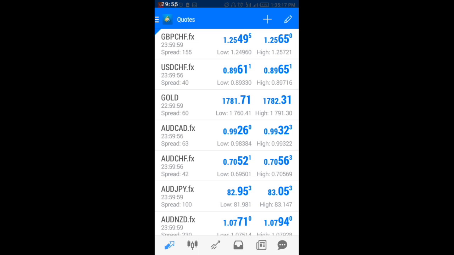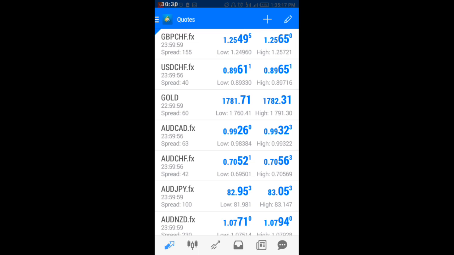Look at the second one, USD/CHF. Spread is what? 40. I'm just using this as an example. It's not the main example. But it still goes. So for the first one, GBP/CHF, the spread is 155 pipettes.